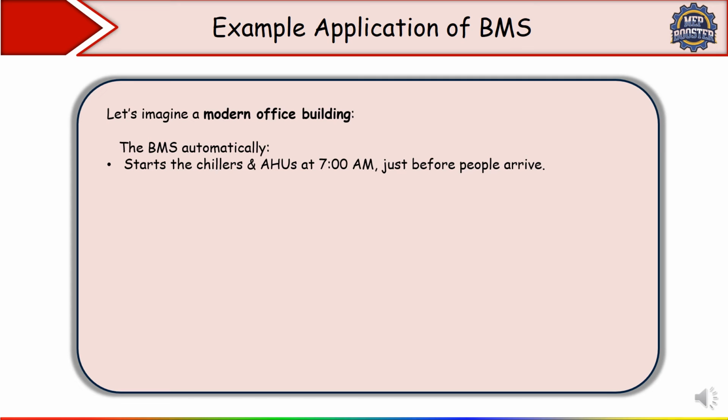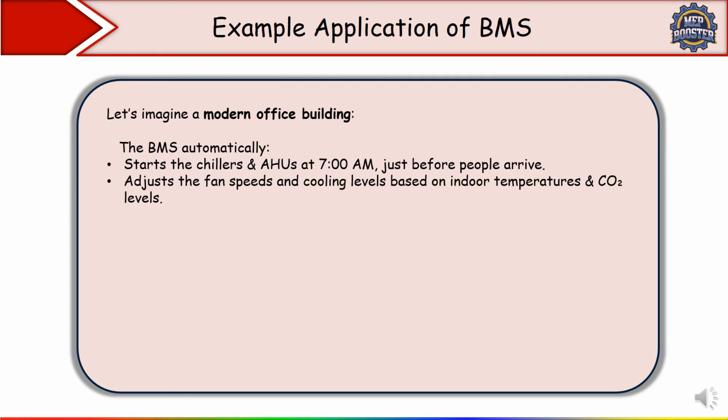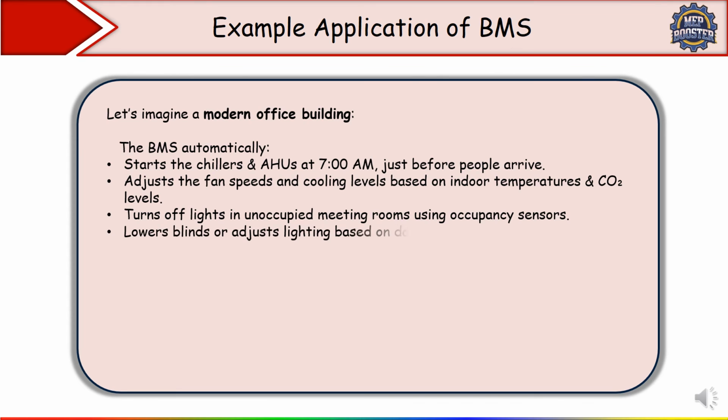So here I am assuming the BMS starts the chiller and AHU at 7 a.m. just before people arrive, and it adjusts the fan speed and cooling level based on indoor temperature and CO2 levels. Okay, and it turns off lights in unoccupied meeting rooms using occupancy sensors. If there are no people in the meeting room, the BMS automatically turns off the lights using the occupancy sensor. And it also lowers blinds or adjusts lighting based on the daylight sensor.